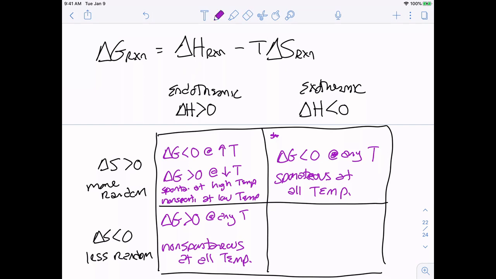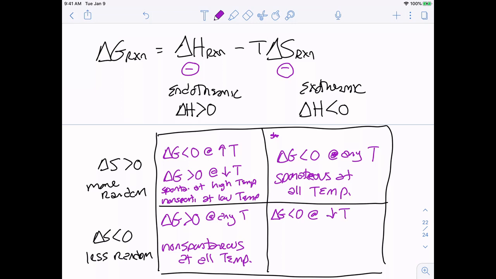And then our last one, exothermic. So we're giving off heat energy, delta H is going to be negative, and then becoming less random, delta S is going to be negative. So this one is going to depend on temperature again, right? So I'm taking a negative number and then I'm subtracting a negative number. If that temperature is small, then it can turn out to be a negative value, right? Because that thing that it becomes, the positive, is smaller than my negative, if that's making any sense whatsoever. So my free energy change is actually going to be negative, less than 0 at low temperatures.